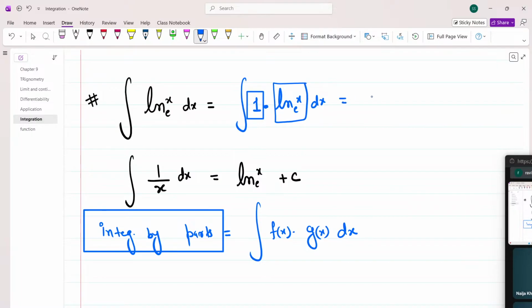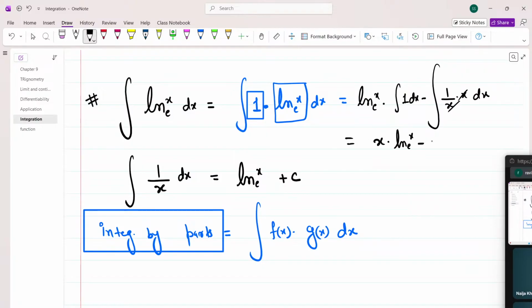You can remember this. The integration of ln x is x ln x minus x. Let me write, then you can remember this: ln x and ln x continuous minus integration of 1 by x. It will be x ln x minus x.